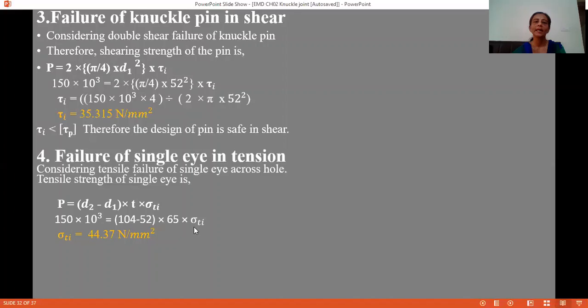We will be finding now induced tensile stress. And students, we can see that it is 44.37 Newton per mm square, which is less than permissible value. Therefore, design of single eye is safe in tension.